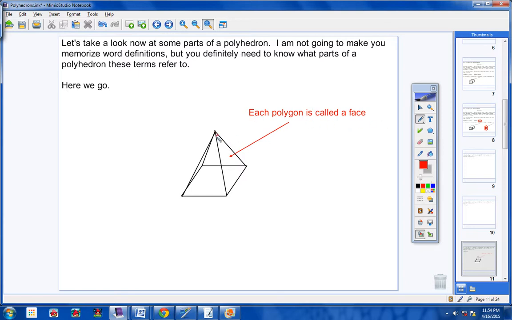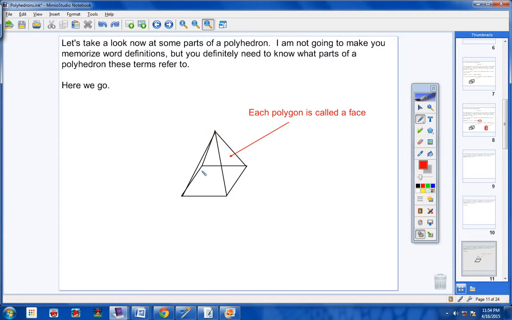See this triangular polygon right here? That is called a face. See this triangular front part right here? This triangular polygon? That is called a face. This back triangle over here is called a face.